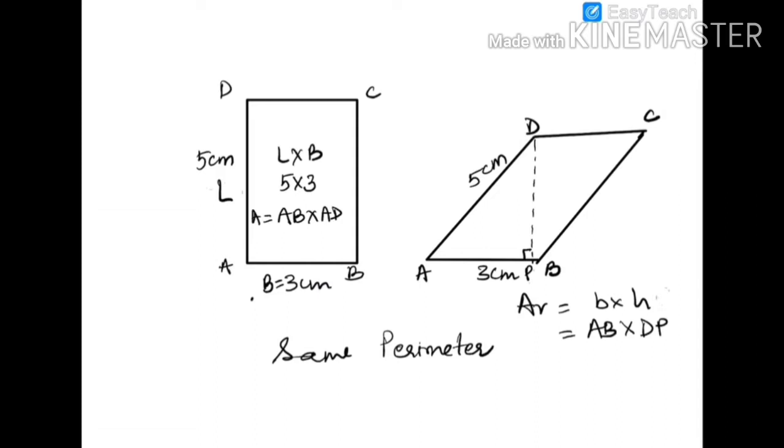So we can see that the area of rectangle is greater than the area of parallelogram even though they have same perimeter. And this is the reason why sweet shops cut the sweets in the form of a parallelogram, so that each sweet takes up smaller area and they are able to cut more number of pieces. This is an example where you can relate knowledge of quadrilaterals with real life.